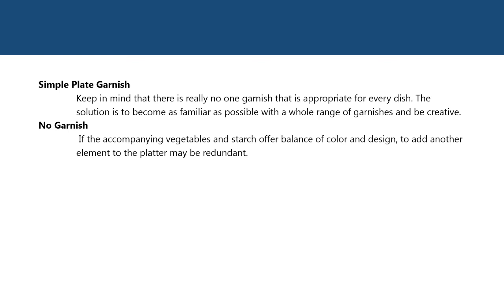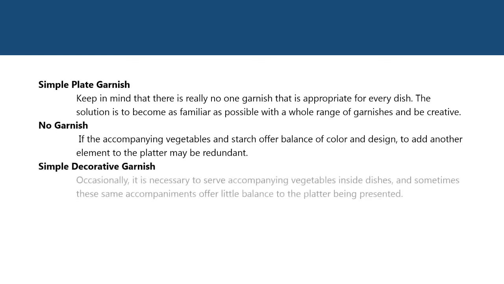So pag maayos na yung component ng food natin, pwede na tayong hindi maglagay ng kung ano-anong garnish. Simple decorative garnish. Occasionally, it is necessary to serve accompanying vegetables in side dishes, and sometimes these same accompaniments offer little balance to the platter being presented.